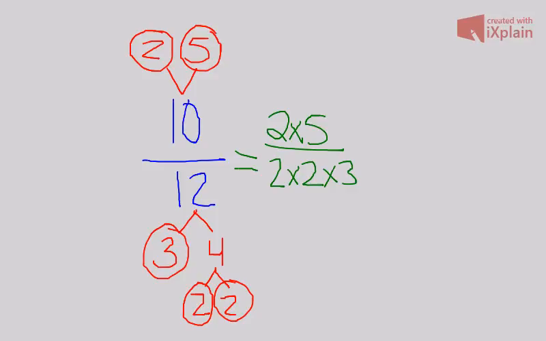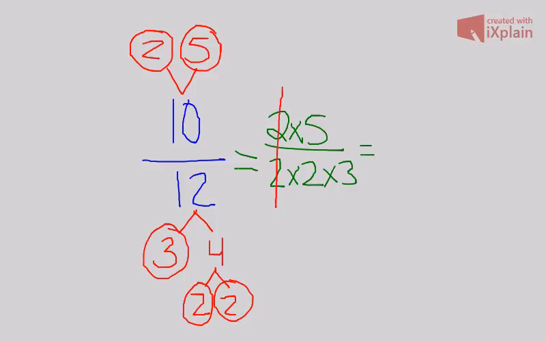Now, where we're actually simplifying is we look at the numerator and the denominator and see, is there a factor that's the same on both? I see right off the bat that there is a 2 in the numerator and 2 in the denominator, so I'm going to cross that out.